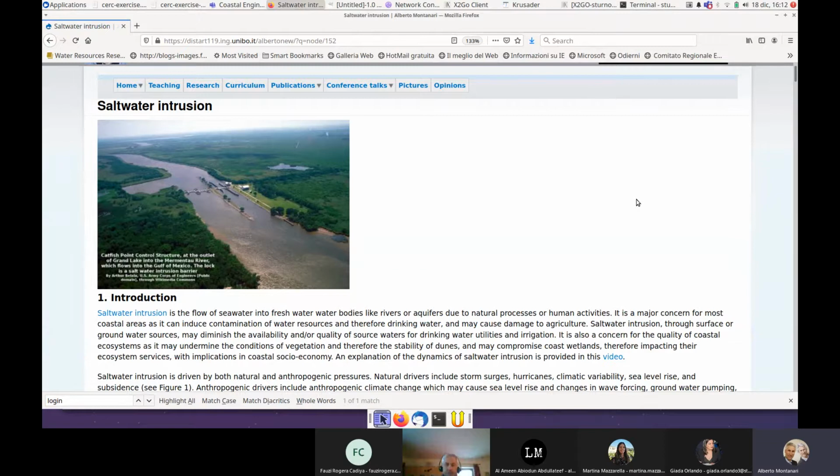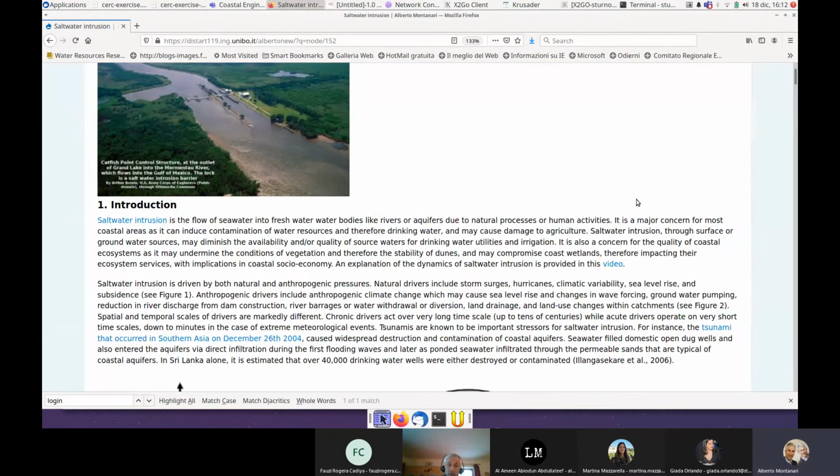Saltwater intrusion is also favored by natural causes, not only human-induced causes. For instance, tsunamis, like the tsunami that occurred in Southern Asia in December 2004, are indeed effective on saltwater intrusion because they move a huge quantity of salt water into the land.